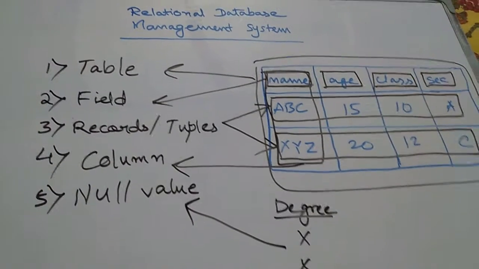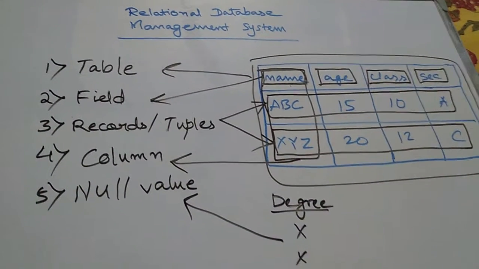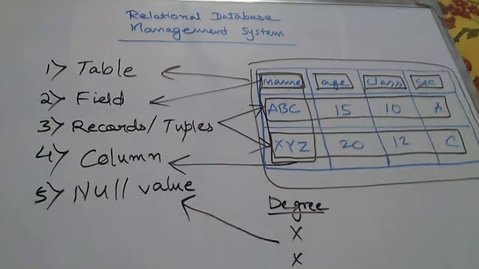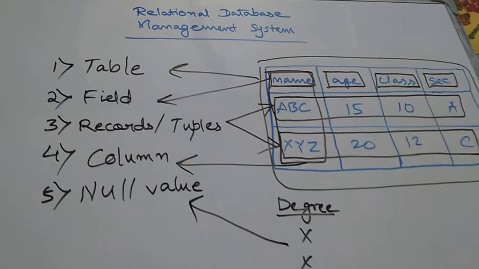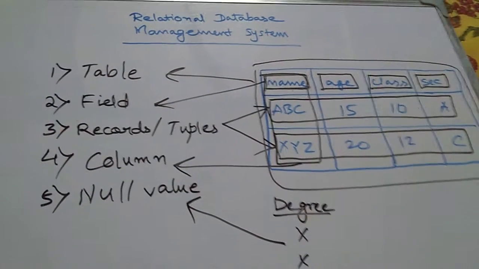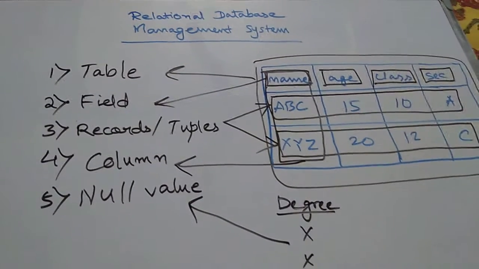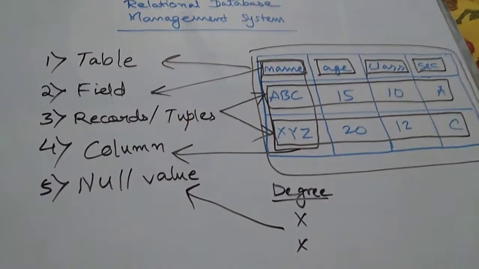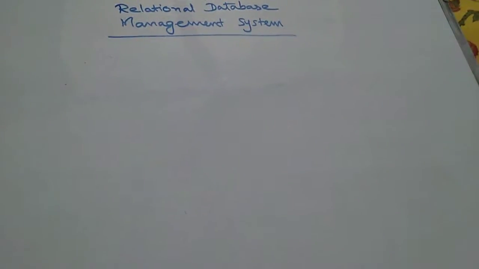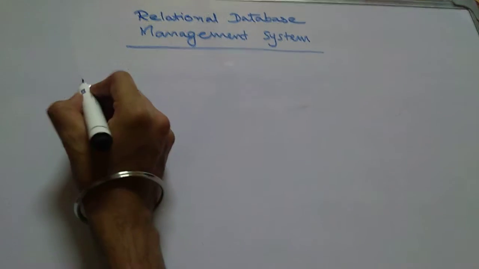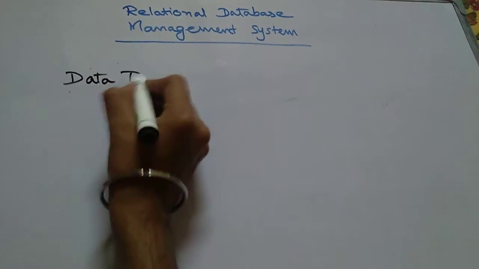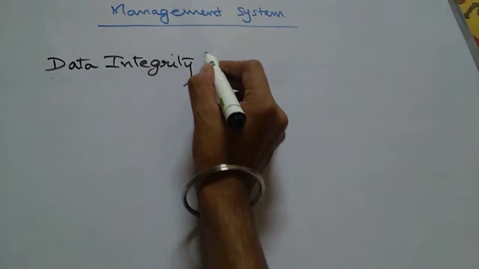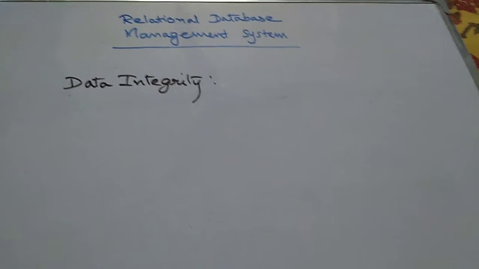Now these are the major terminologies that are essential for relational database management system and will help you in SQL also. Now another term is also an important term for relational database management system, but will not be so essential in SQL, and that term is data integrity. Now what is data integrity?